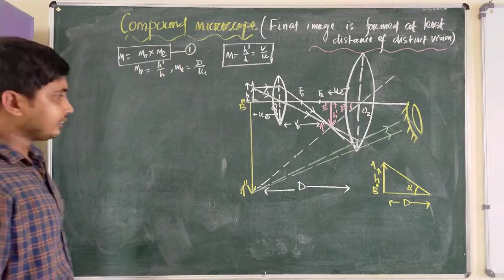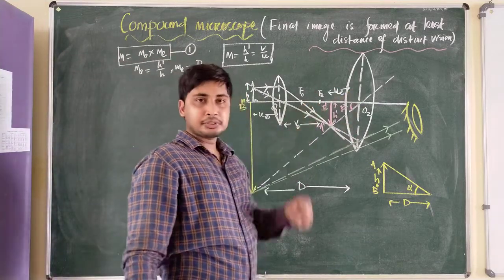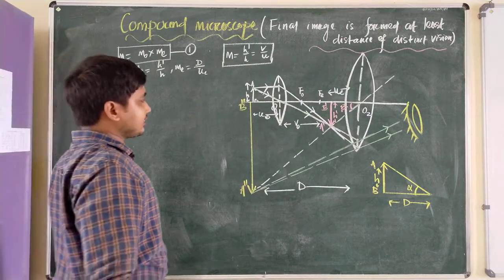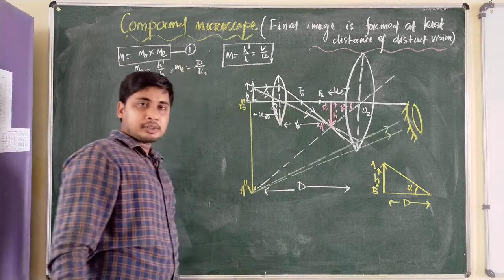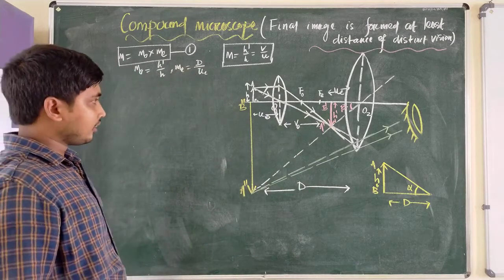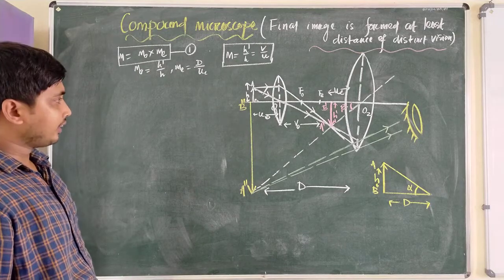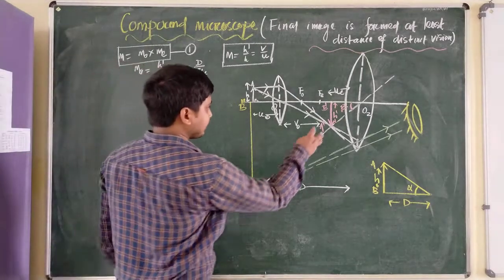Now just see here, in this case our eyepiece will act as a simple microscope, because in the simple microscope you know that the object has to be placed in between the focus and the optical center of the convex lens, and its image will be formed virtual, erect and magnified behind the object. You can see that the same case is present here.